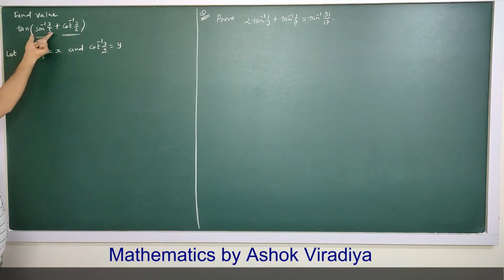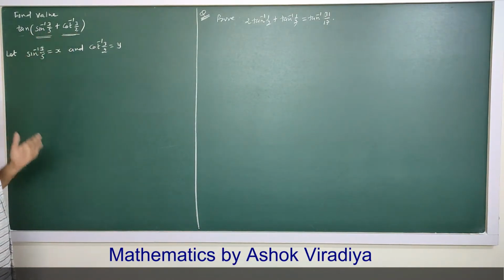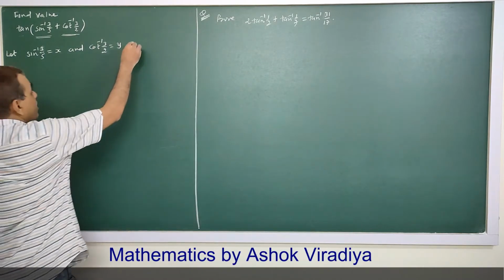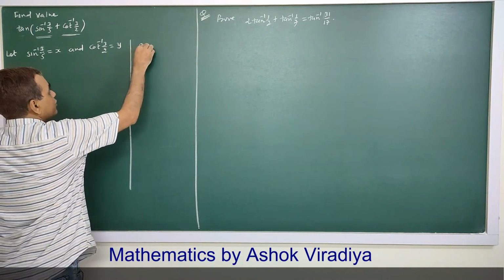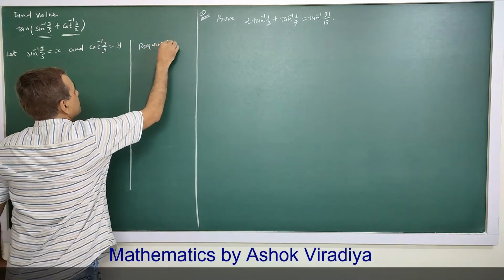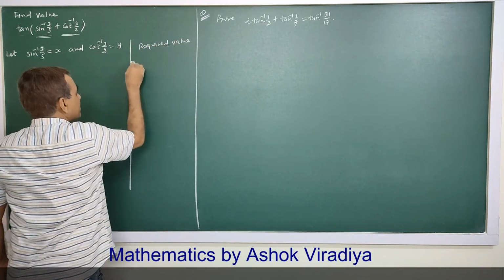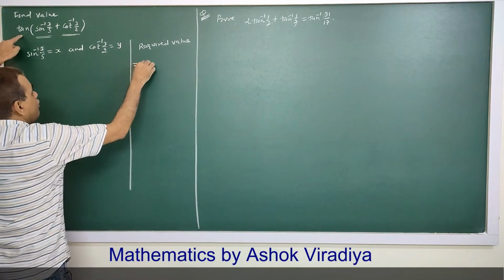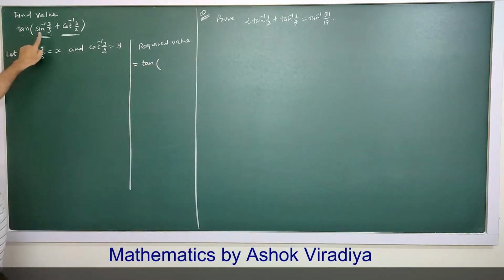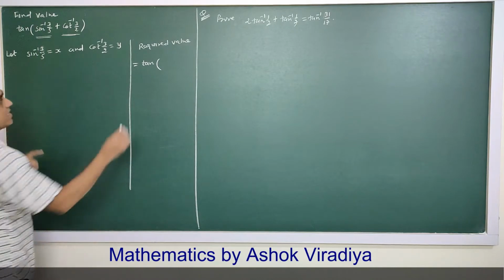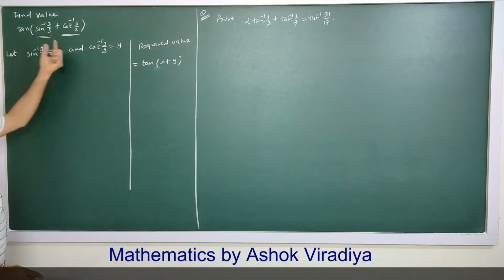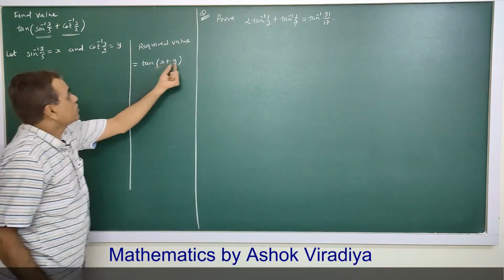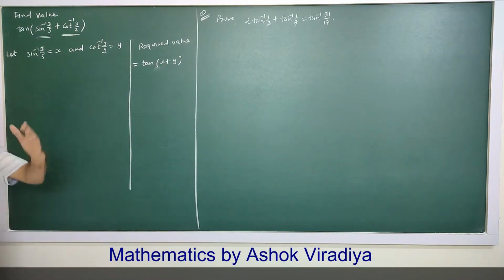Sine inverse 3 by 5 we suppose x, this we suppose y. So the required value will be tan of x plus y. This part we have supposed x and this part we have supposed y. So what we want is tan of x plus y.